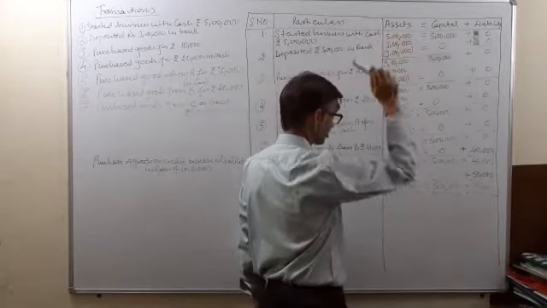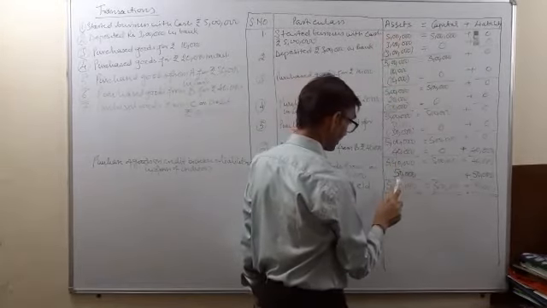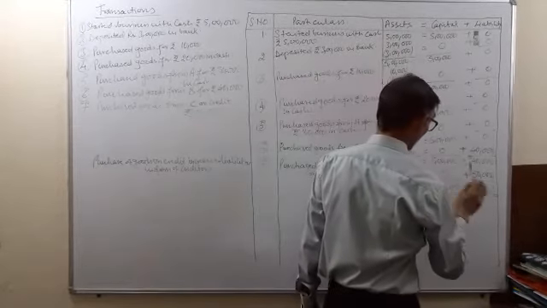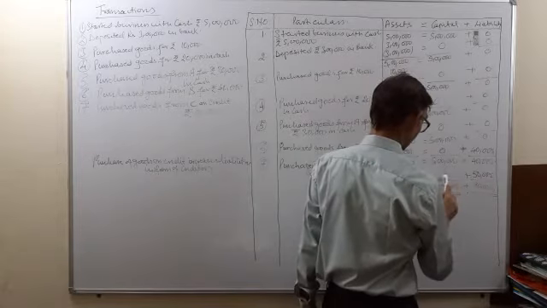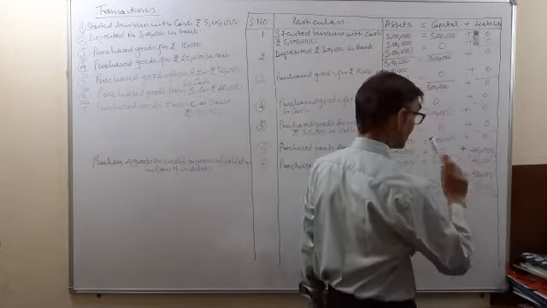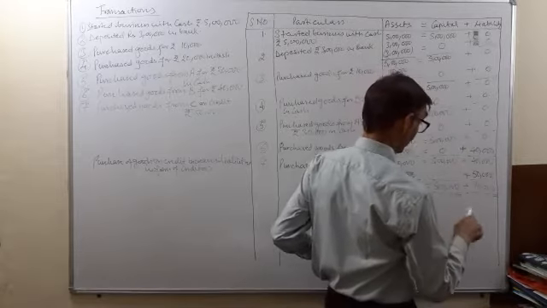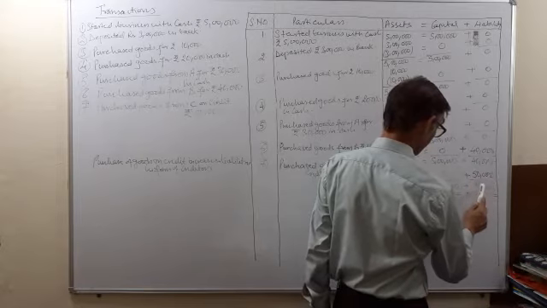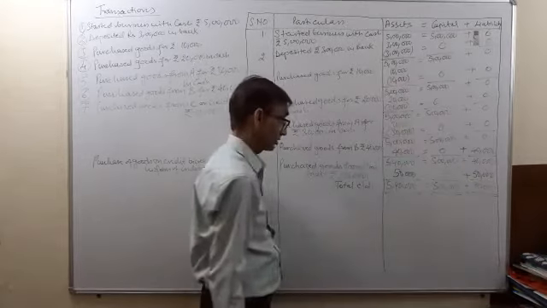That is, our asset is going to increase. We will add it to it. It comes to 5 lakh 90,000. On capital, there will be no effect. 5 lakh plus 0 is equal to 5 lakh. Our liabilities in form of creditor will increase by rupees 50,000. So 40,000 plus 50,000 is equal to 90,000.